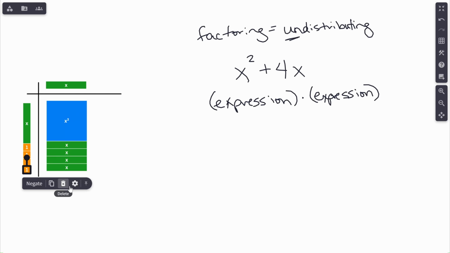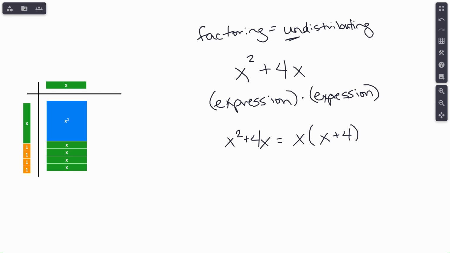And so this x squared plus 4x, I know, is actually equivalent to, I have the same amount of area covered if I arrange it in a way that is x across times x plus 4 down.